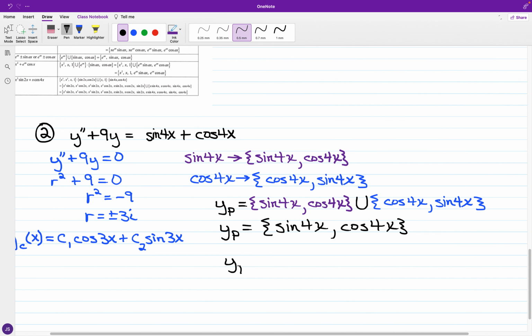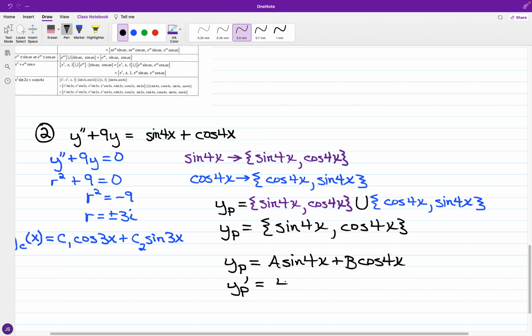So just setting things up, we have y sub p, initiating the method of undetermined coefficients. We're going to have a sine of 4x plus b times the cosine of 4x. And just like earlier, we're going to take it out to the second order derivative. First of all, I had to go through the first order derivative.